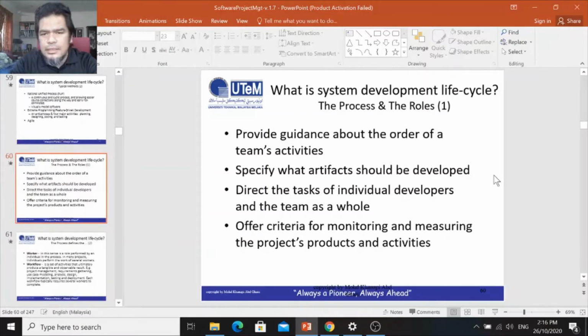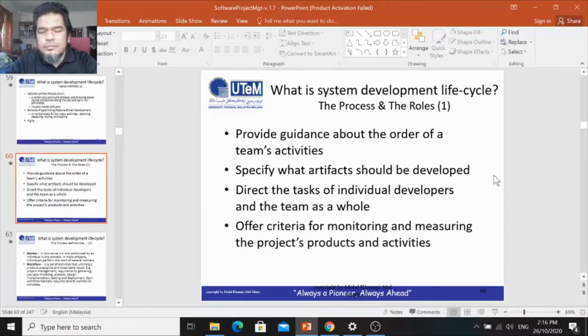So, class, I hope you understand now what the project life cycle is and what the system development life cycle is. The system development life cycle is dedicated to software projects or system development projects. So the system development life cycle is within the project life cycle. What are the roles of the system development life cycle? It is to provide guidance, specify the artifacts, direct the tasks, and offer criteria for monitoring and measuring the project, product, and activities.